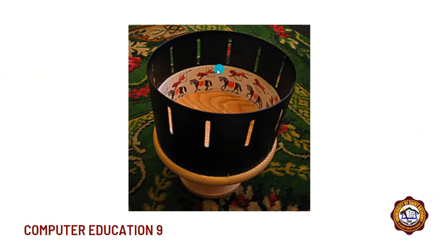Ayan. So kung mapapansin nyo, para siyang disc din, pero yung ano niya, parang malaking cylindrical, no? Tapos merong nandoon sa gilid yung mga image. Ayan. Tapos pag umiikot yan, doon mo makikita yung animation.